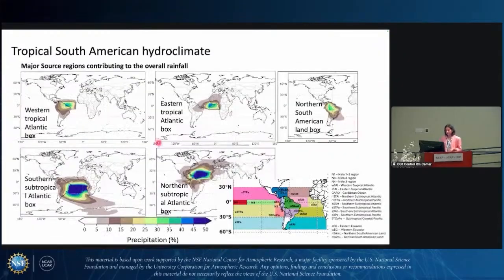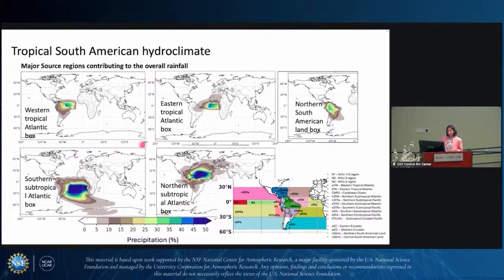So these 4 are the oceanic source boxes from which we get a lot of rainfall to the tropical South American region or the monsoon region. It's not surprising, all of them are Atlantic source regions, and during the monsoon season, we get strong wind coming from the Atlantic into tropical South America.